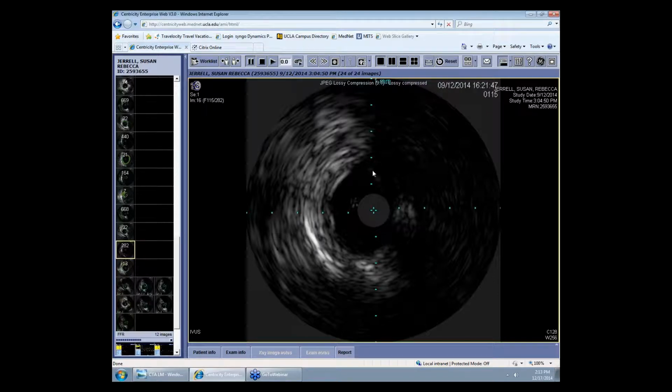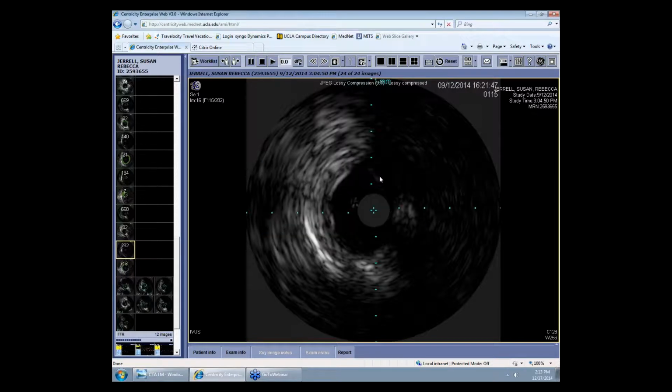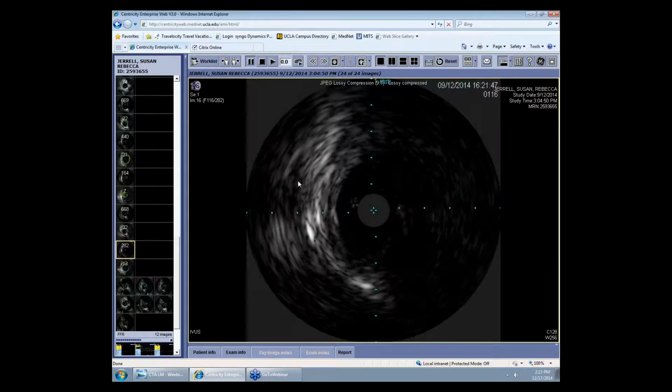Yeah. And there is thickening of the intima like atherosclerosis. Not an ulcer. And I think that this is the leading edge, so it's a little elliptical rather than circular at this point. But there's so much dropout along here that I think it's hard to tell.